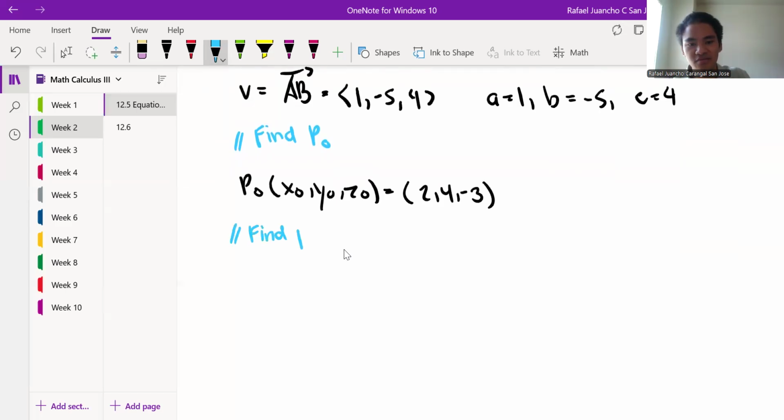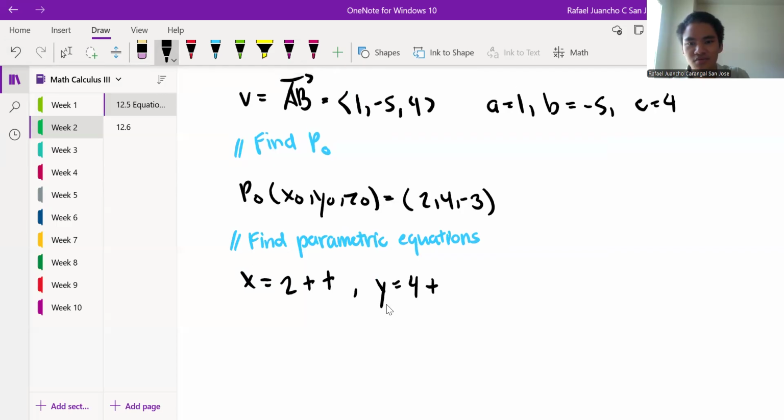And then now we can find parametric equations from here. We already have a vector. We just plug in a t there, and then we have p naught, right? So you have x is x naught, so 2, added to this component t. So t times 1 is just t. Y, initial y, so that's 4.